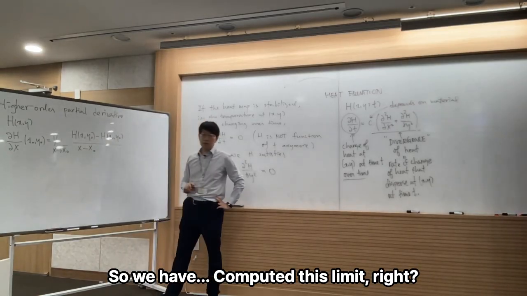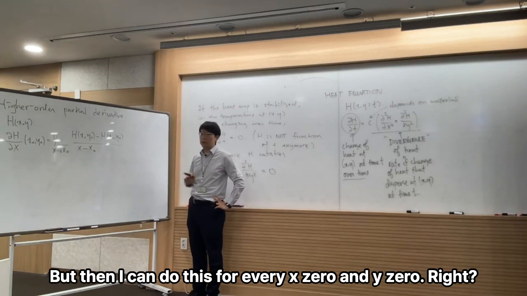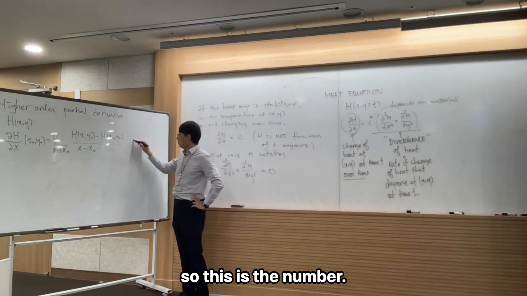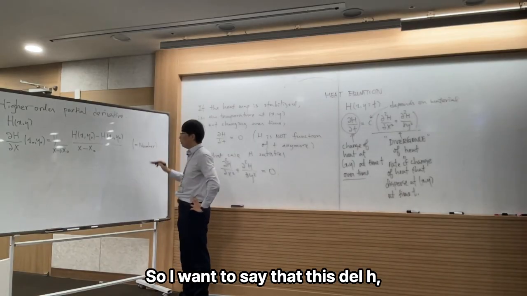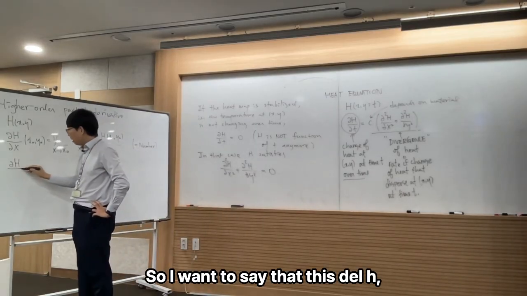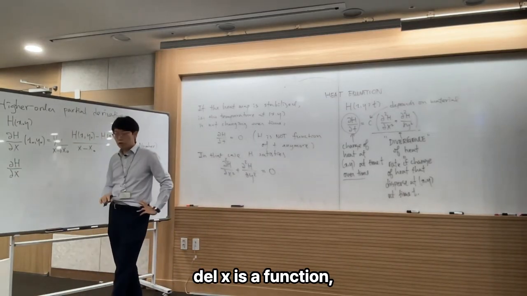So we have computed this limit, right? But then I can do this for every x0 and y0. So you just give a number, and this is the number. So I want to say that this del h del x is a function.